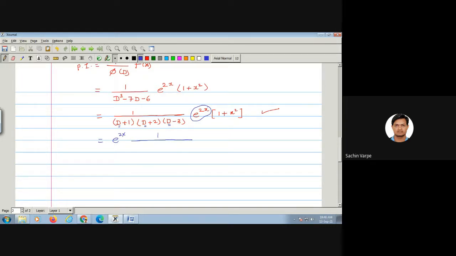What is a? A is 2. So I'm replacing D by D plus 2: D plus 2 plus 1, then D plus 2 plus 2, and D plus 2 minus 3. Is this point clear to everyone?